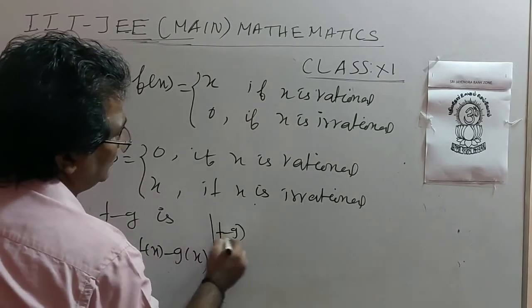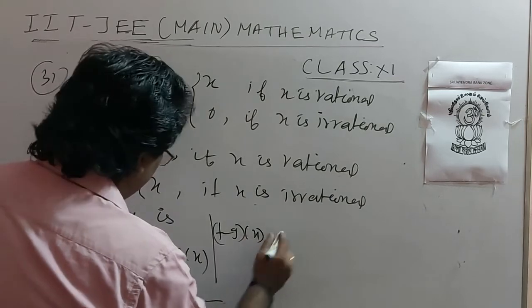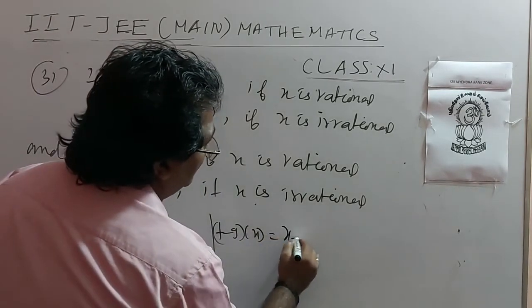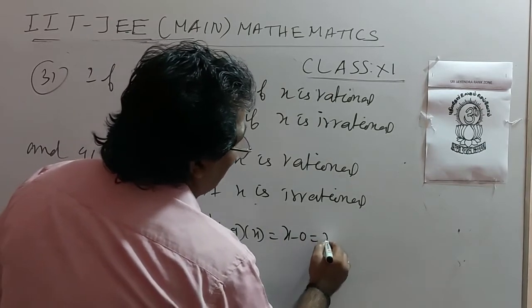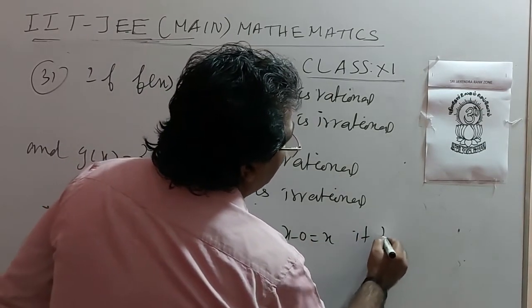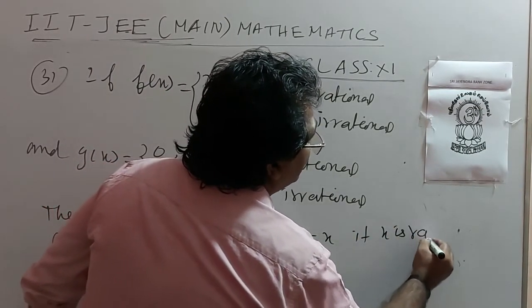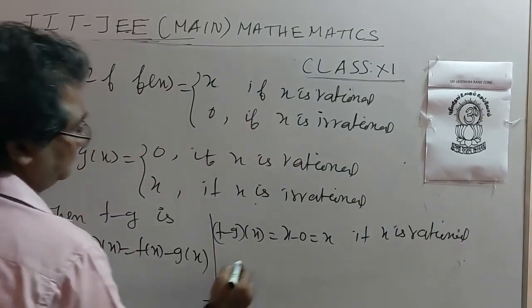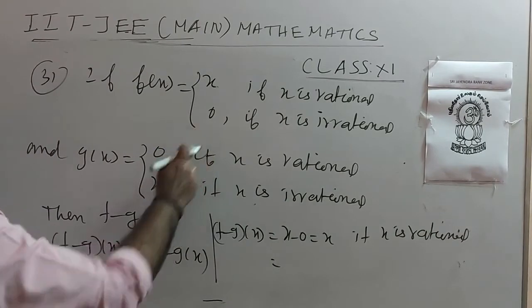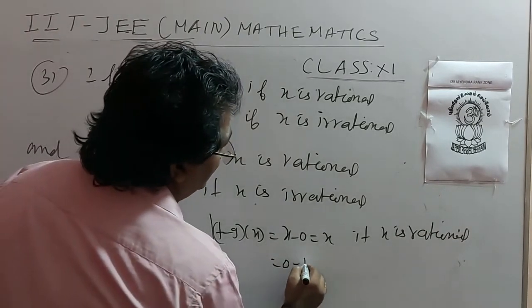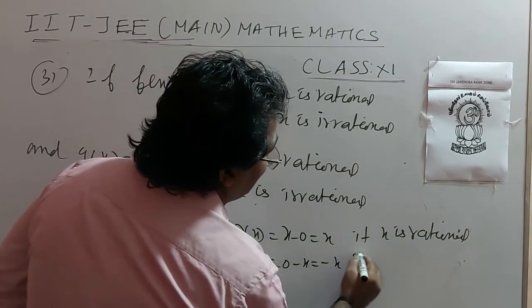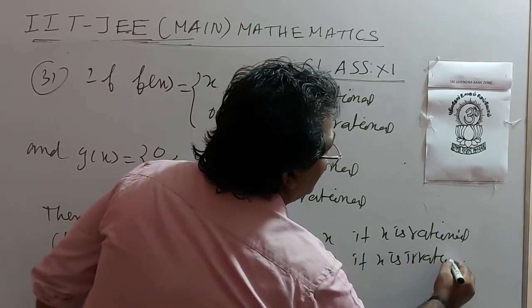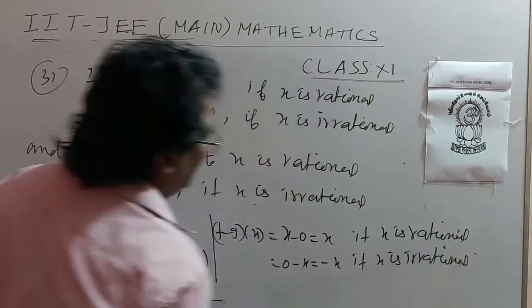So f minus g of x, f of x minus g of x, x minus 0, that is equal to x if x is rational. 0 minus x, minus x if x is irrational.